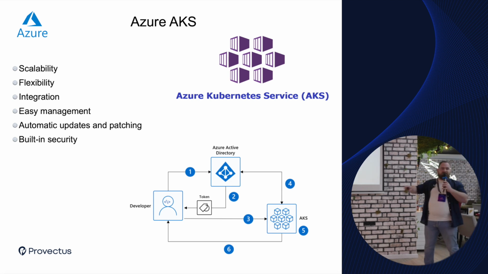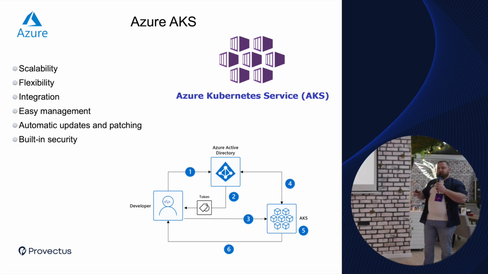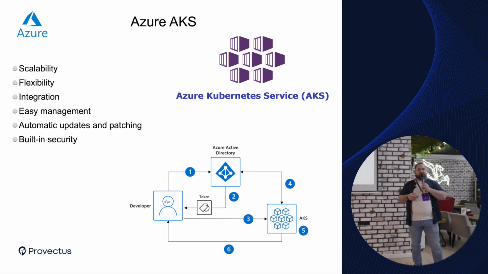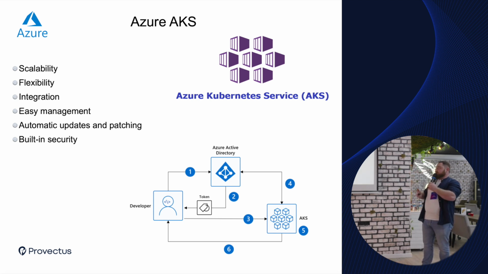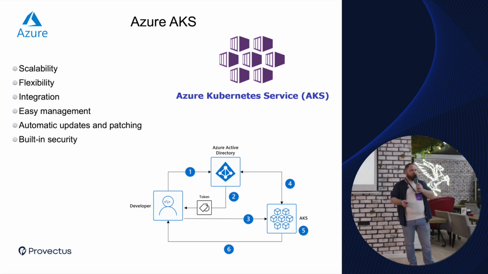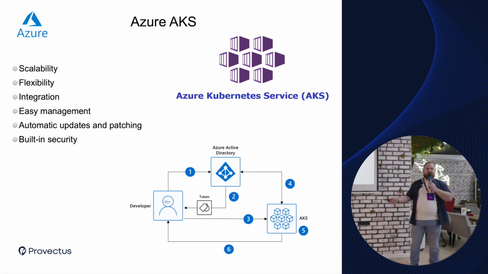Another key factor here is the automatic updates. You don't need to worry about updating it manually, and if a new version of Kubernetes is released, it will be available in Azure within a few days. You don't need to wait a year or half a year for it to become available, and then update with the new features which Kubernetes provides.